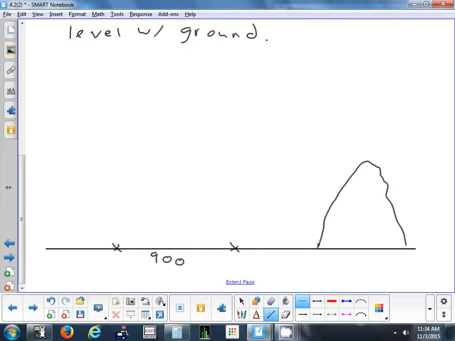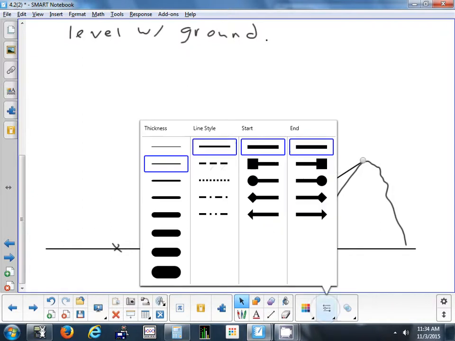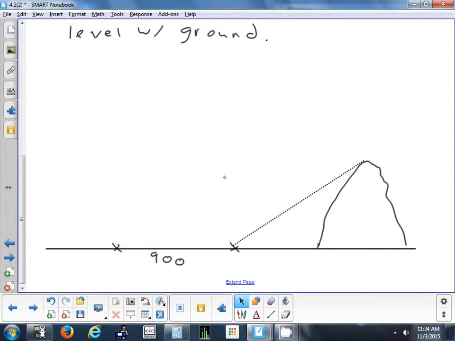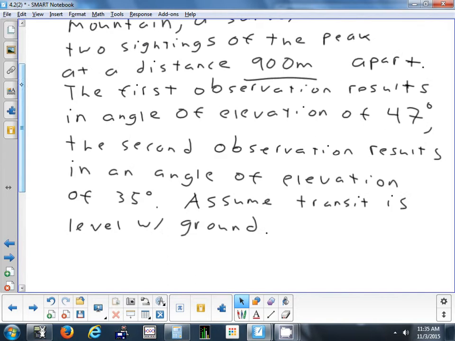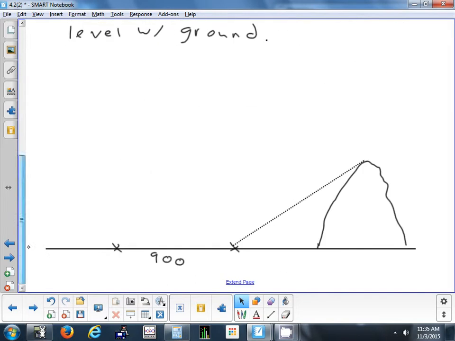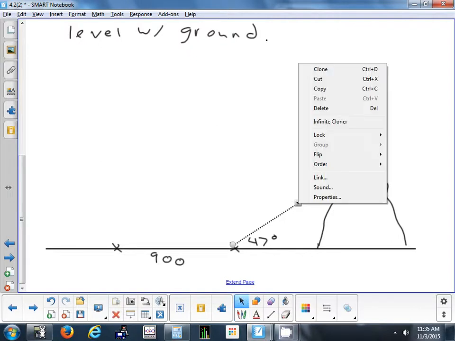What I'll do is draw the sightings in as dotted lines. So there's 1 sighting. The first time he takes a sighting, the angle going up to the peak is 47 degrees. Okay, I'm going to do the same thing one more time.